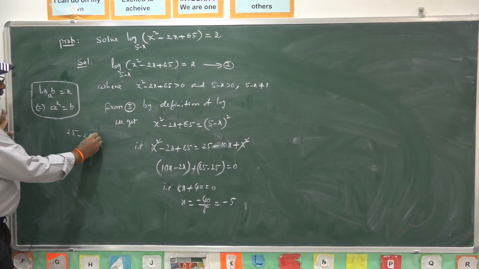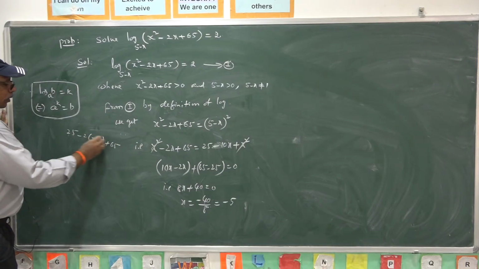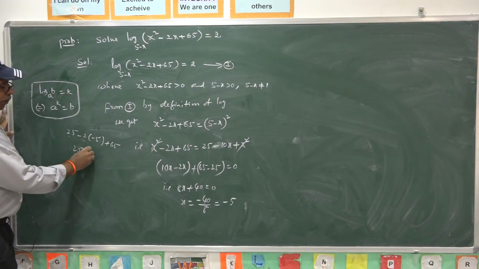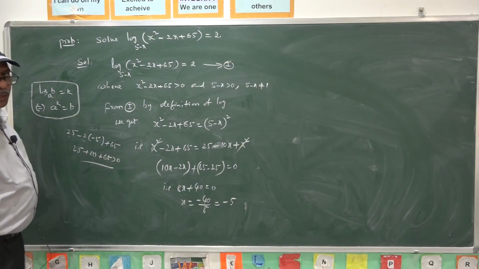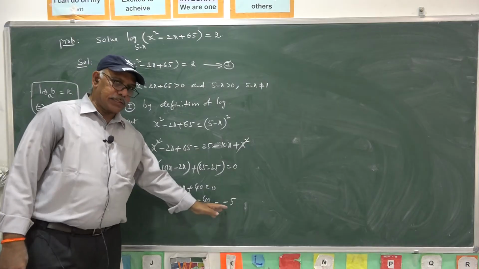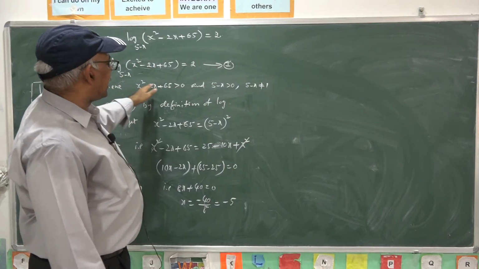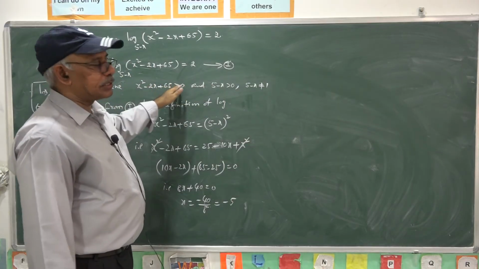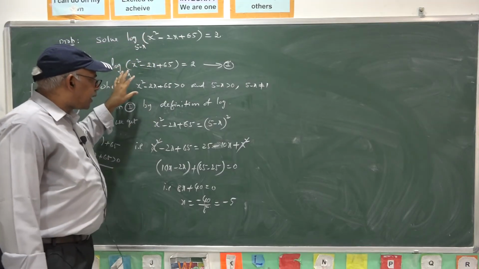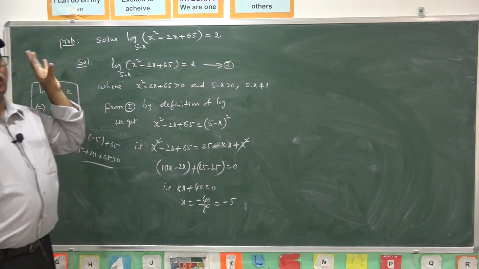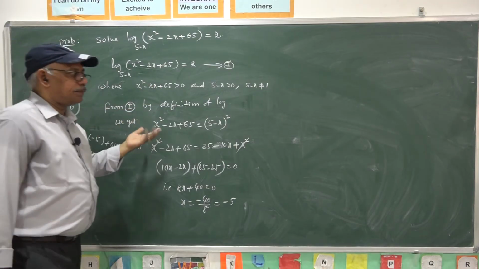25 minus 2 into minus 5 plus 65. All are positive clearly. 25 plus 10 plus 65, which is clearly greater than 0. Here the obtained value of x equal to minus 5 satisfies all these conditions over this equation. So, this equation exists whenever these conditions follow. That should be observed.